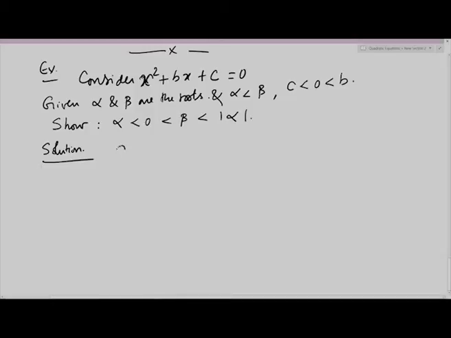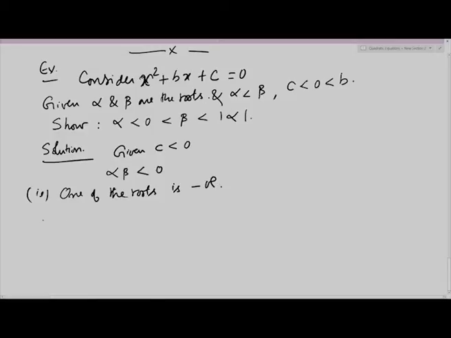Given that c is less than 0, c is negative. Therefore, the product of the roots, alpha beta, is negative. That means one of the roots is negative.